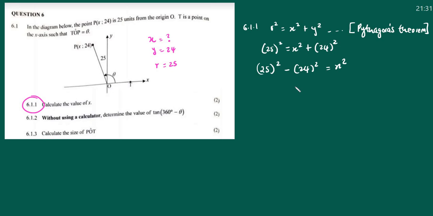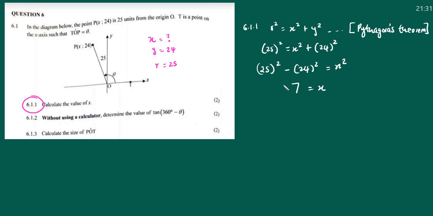I don't know what you get in your calculators there for that. 25 squared minus 24 squared. Plus minus 7. Or you already found the roots?